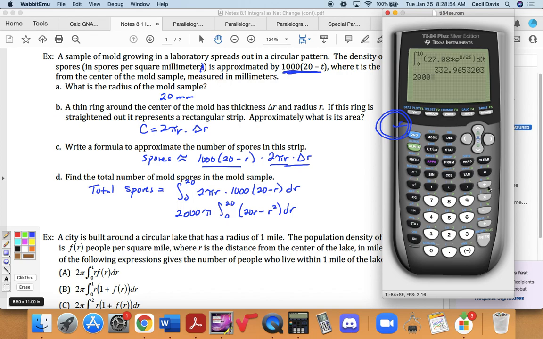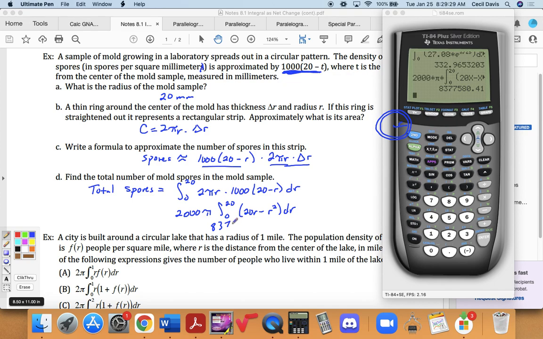So 2,000 times pi times the integral from 0 to 20 of 20x minus x squared dx. Yeah, that's a lot of spores. 8 million something?